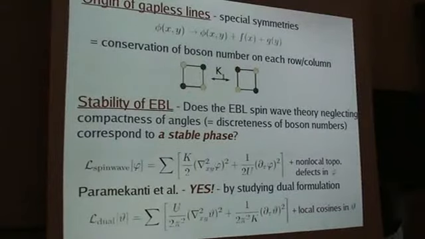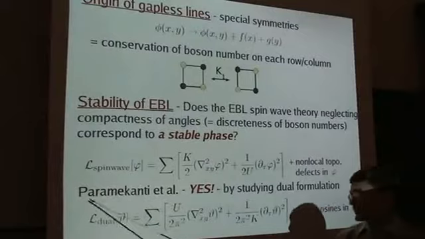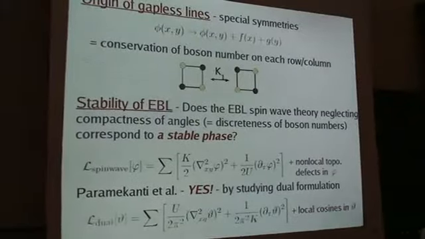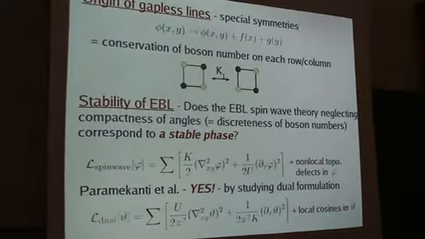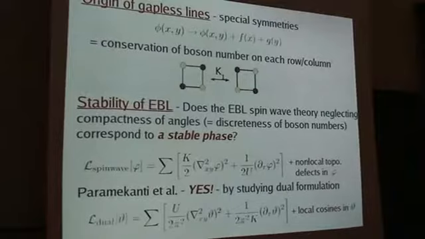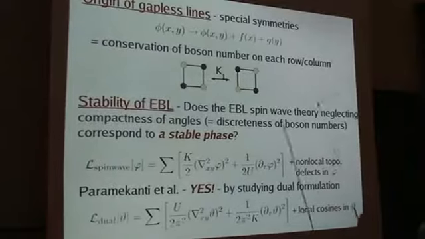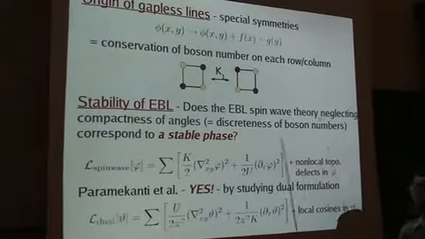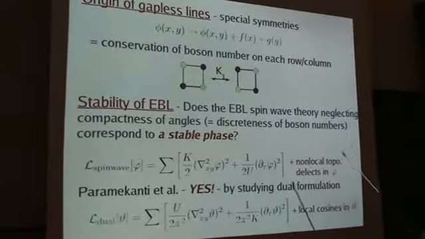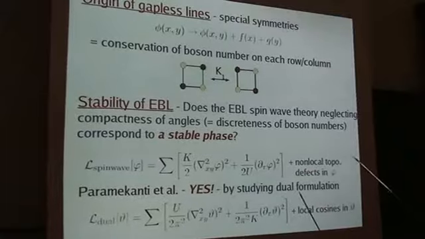Question: if you perturb the theory so that this exact conservation law is gone, will you change everything all of a sudden, or will the system be stable? Because you were using this special conservation. Okay, so the original proposal here was that you can get a regime in which this would be a stable phase also in the presence of hopping.